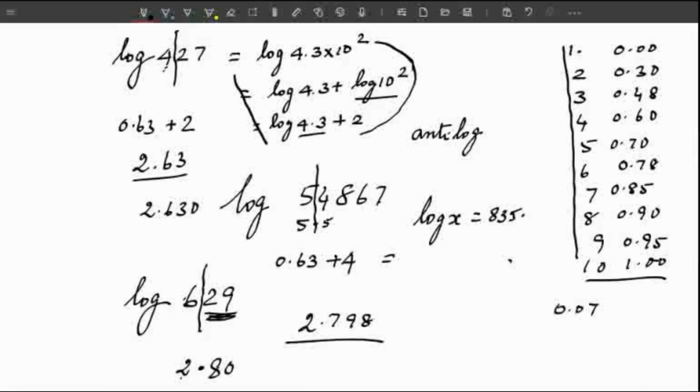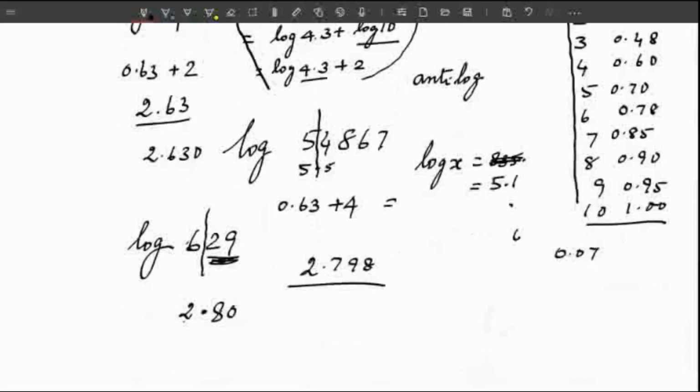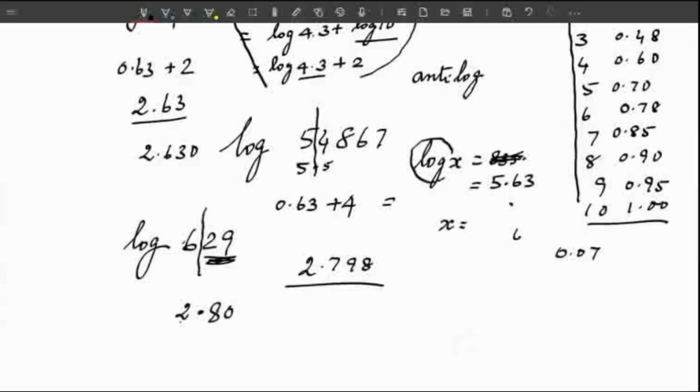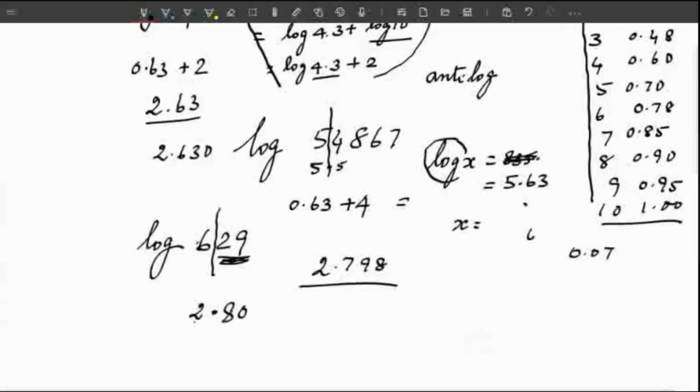Therefore, instead of doing it like this, say 5.63. What is the value for this? Log of x is equal to 5.63. What is the value of x? To find x, what should we do? You bring this logarithm to the other side. If you bring the logarithm to the other side, anti-log of 5.63.